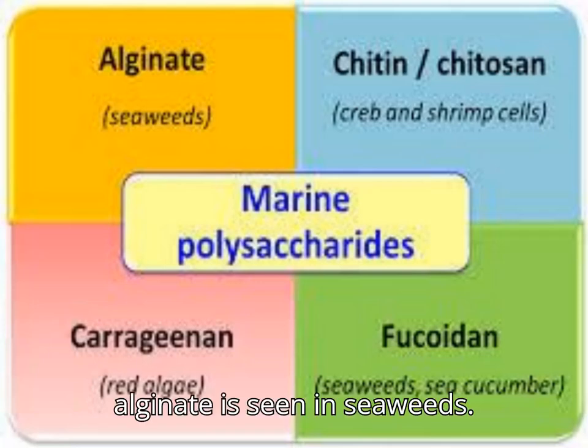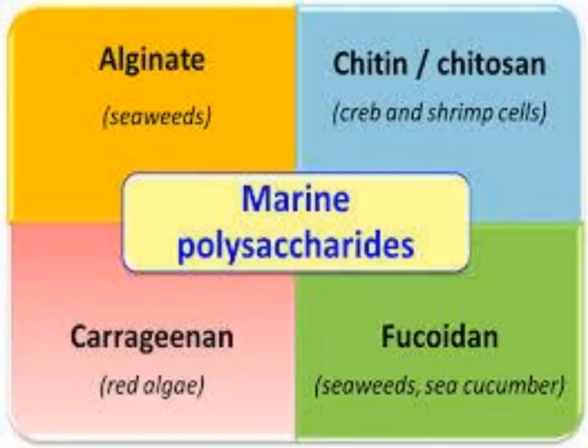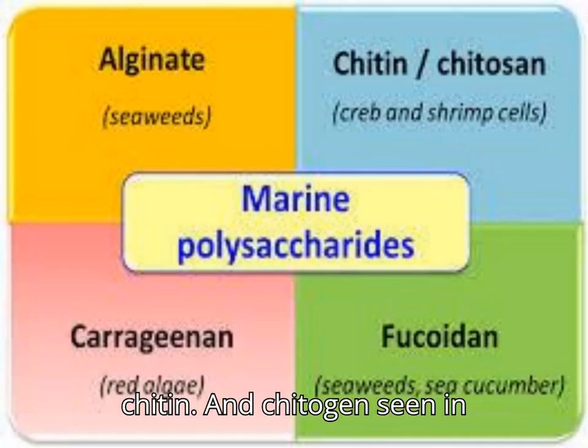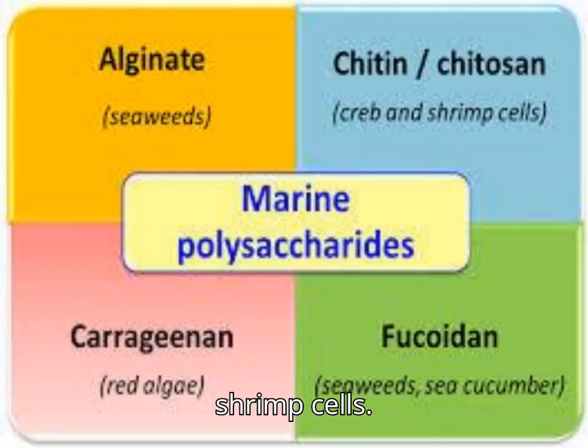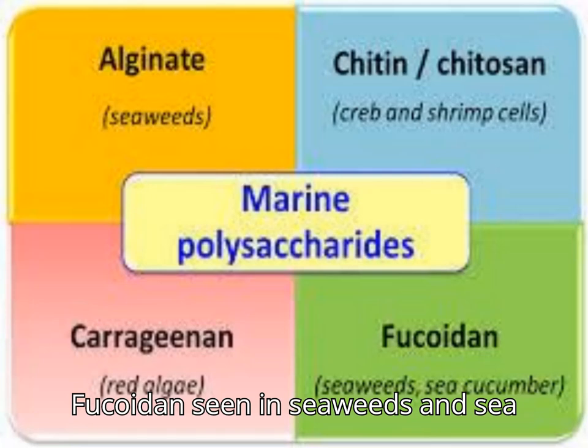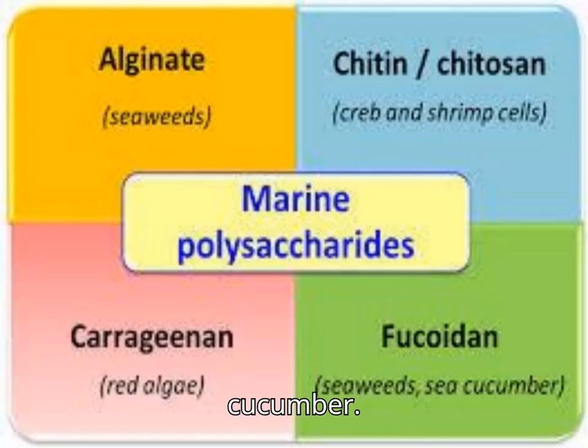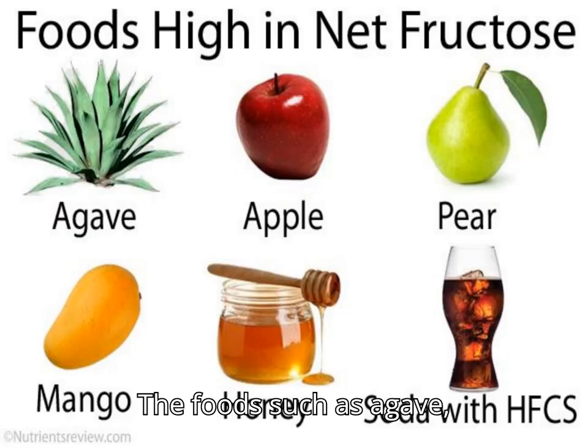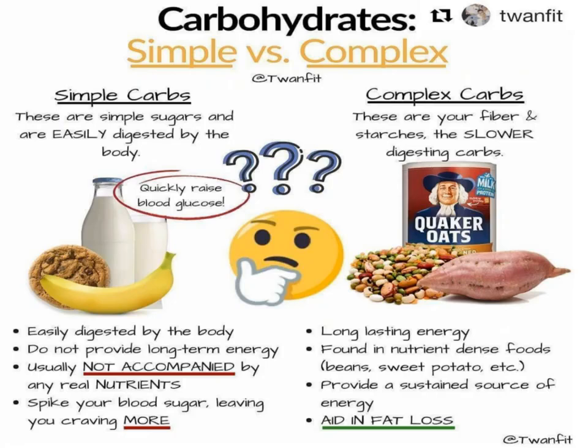Alginate is seen in seaweeds, carrageenan in red algae, chitin and chitosan in crab and shrimp cells, and fucoidan in seaweeds and sea cucumber. The foods such as agave, apple, pear, mango, honey, and soda are rich in net fructose.